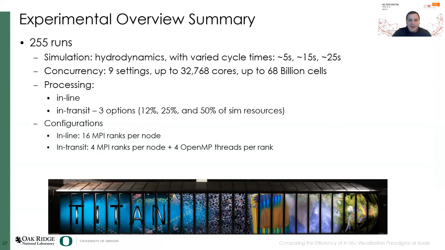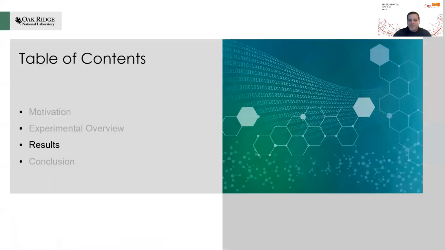And we had a higher VCEF value due to using fewer ranks per node. So I'll talk about that in our VCEF results slide, where we actually quantified the effect of having fewer ranks per node. And if you want to see more details about our experimental setup, please see the paper.